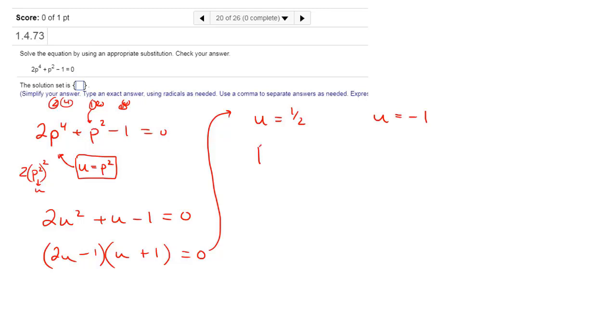Alright, let's back substitute what we have here. This is p squared, because originally we're solving for p. And in order to finish this off, we have to take a square root of this stuff. What is the square root of 1/2?